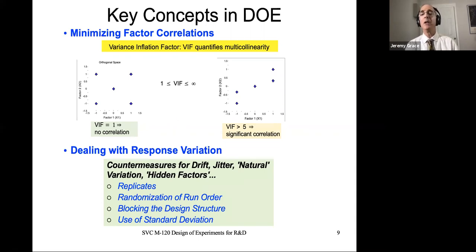It makes it harder to be confident about your effects relative to one another, not only in confidence level of the effects themselves, but which effect is which. So on the left, I have a well designed set of points where if you were to look for effects of factor 1 and 2 and their interaction, you would be able to determine those things without the impact of variance inflation.